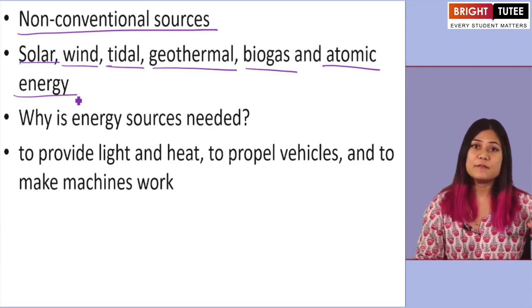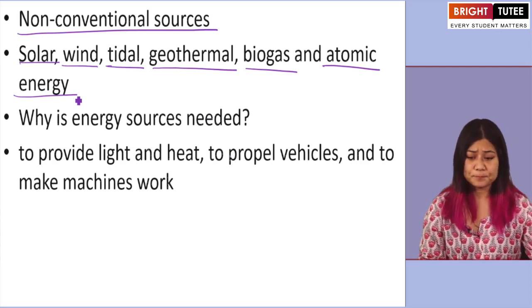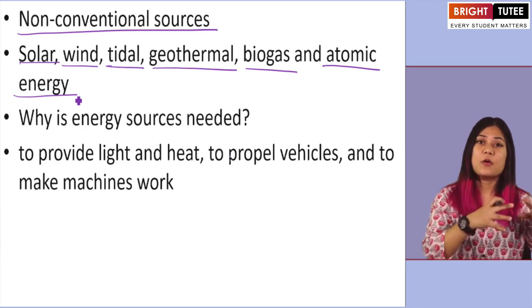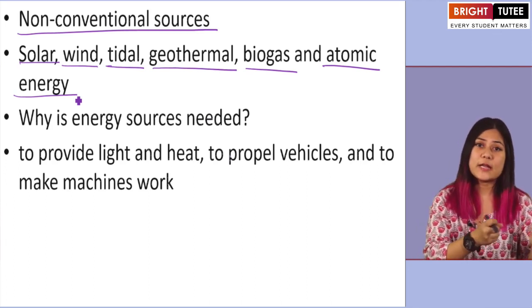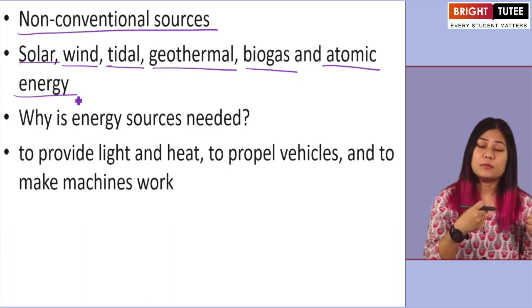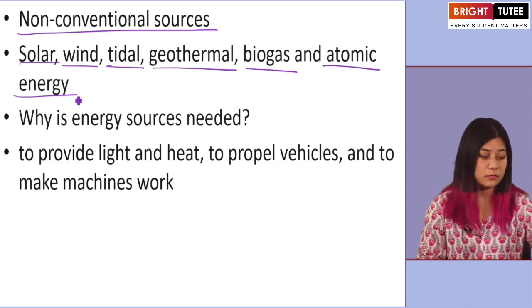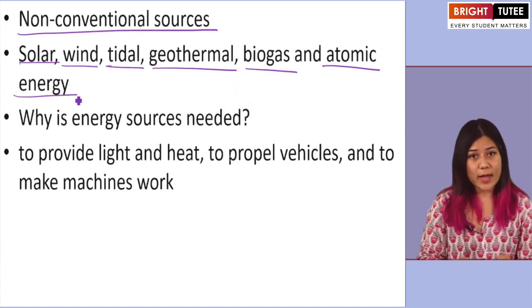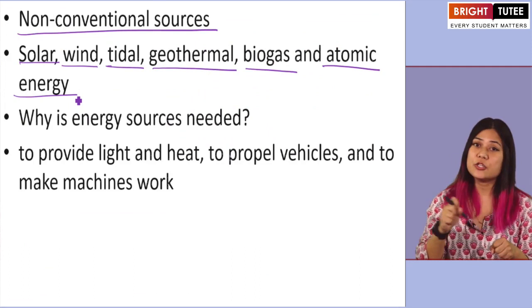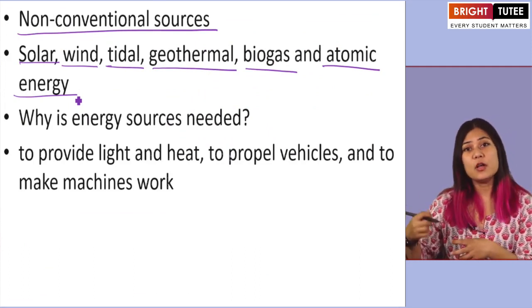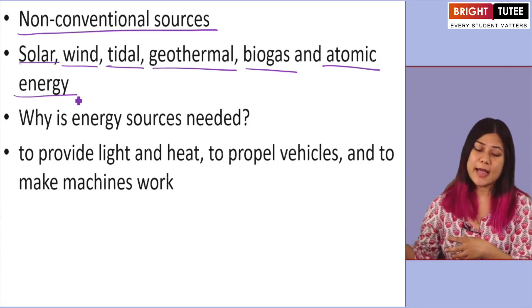For example, coal is a conventional source of energy. Coal is found, the coal is acquired, and it is used for various purposes in order to conduct certain activities.